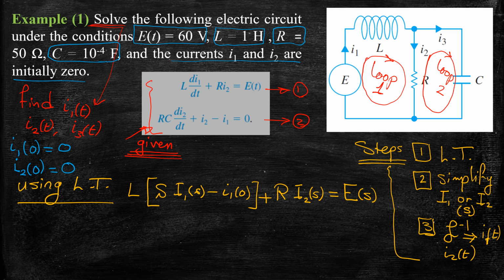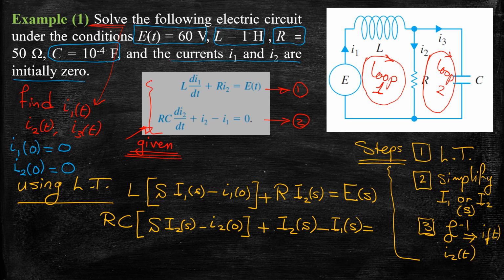The second equation will be RC multiplied by s I2 of s minus I2 of 0, and then plus I2 of s minus I1 of s, and the other side equal to 0.